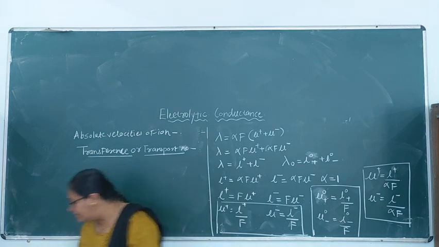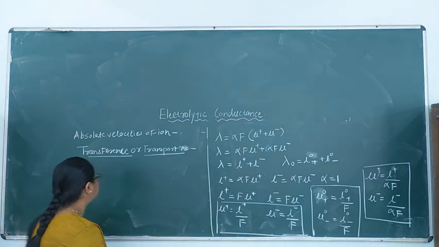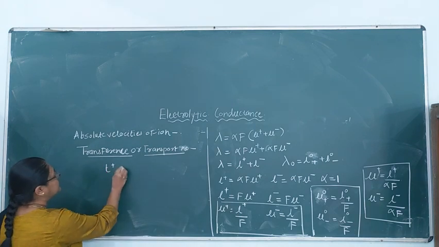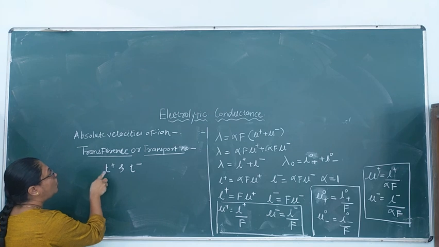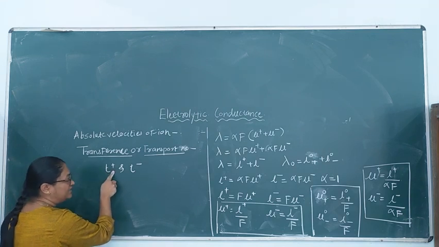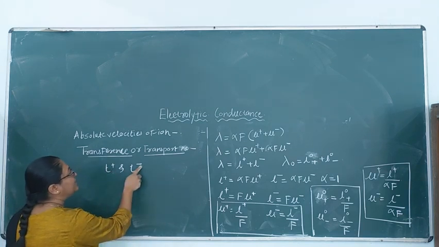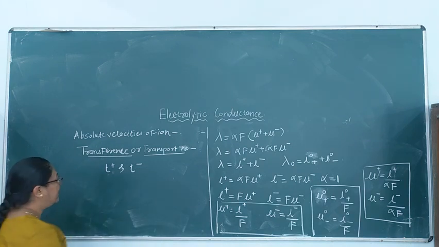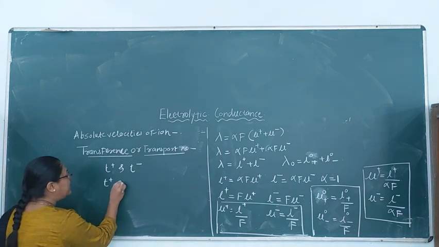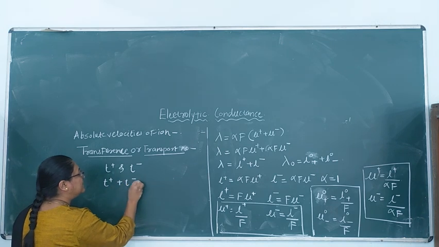These are denoted as T plus and T minus. T plus is the fraction of the current carried by the cation of the electrolyte, while T minus is the fraction of the current carried by the anion.